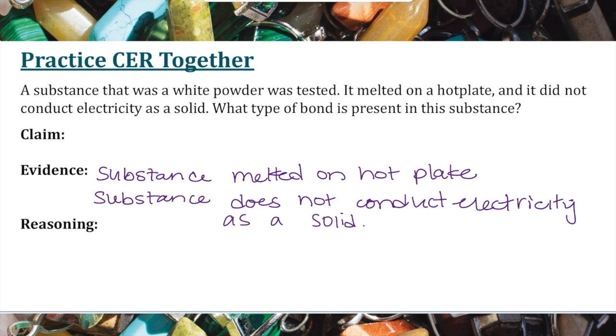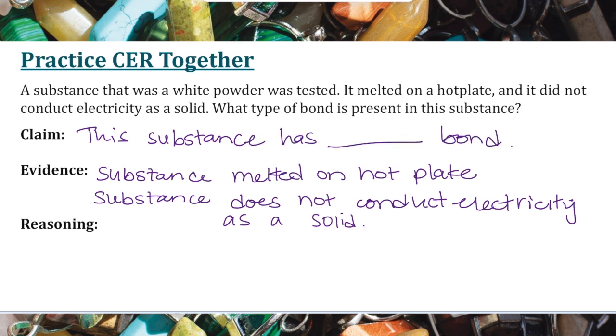So with those things, we want to consider what might be our type of bond that's happening. For me to say this substance has what type of bond with that? And let's look at what this evidence has. So if the substance is melting on the hot plate, that means that it has a low melting point because we can melt it at a fairly low temperature. When we're looking at what our types of bonds are, what has a low melting point? Well, covalent bonds are the only ones we discussed as having a low melting point.